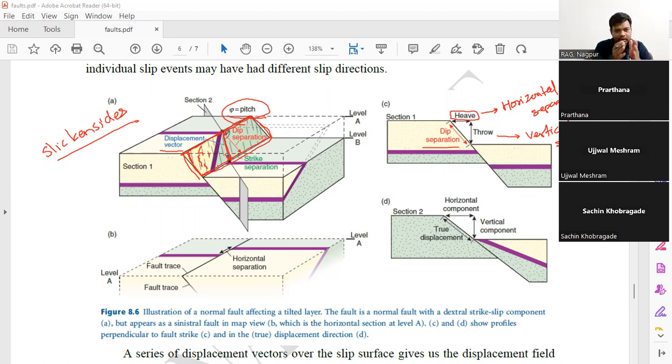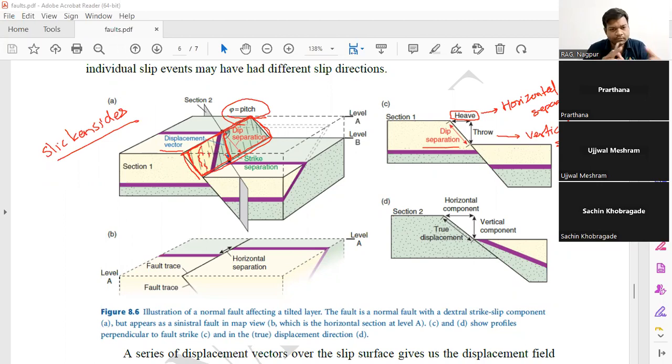Horizontally, for what distance these two points have traveled, that is horizontal separation. And vertically how much the distance has gone will be called its throw. We have used these terms, down throw, up throw.